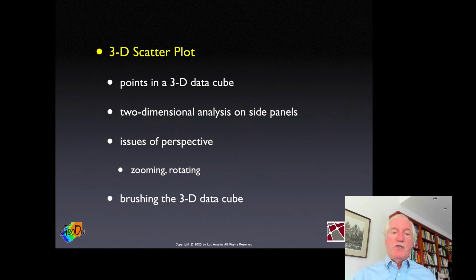And so as a result, the issue of perspective is critical. And you get around that by rotating the cube. By rotating the cube, you look at the data cloud from different perspectives, and you start to reconstruct a true 3D vision in your brain from the different projections of perspective plots, really, of the 3D cloud.